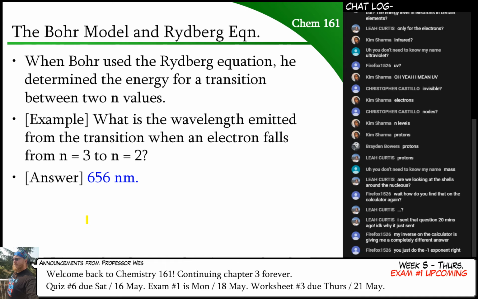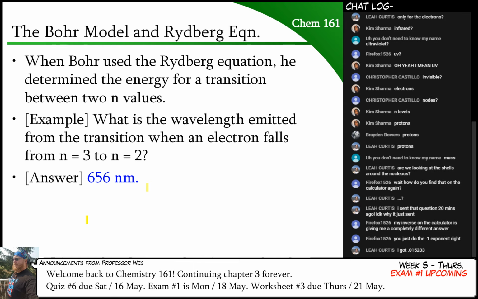All right, so that's how we calculated the transition for the red photon. You got 0.15233. Hold on. I am not getting that number.